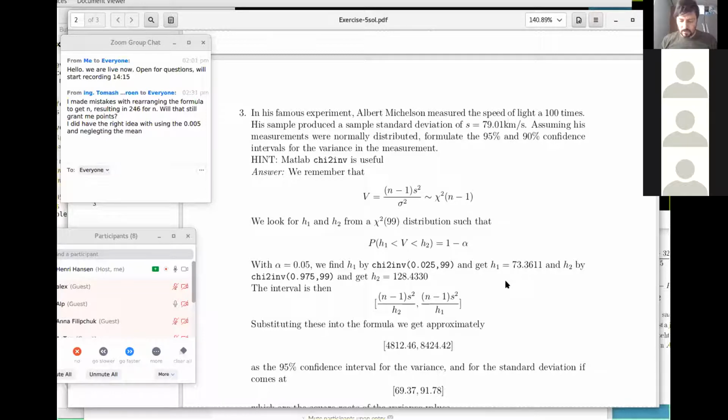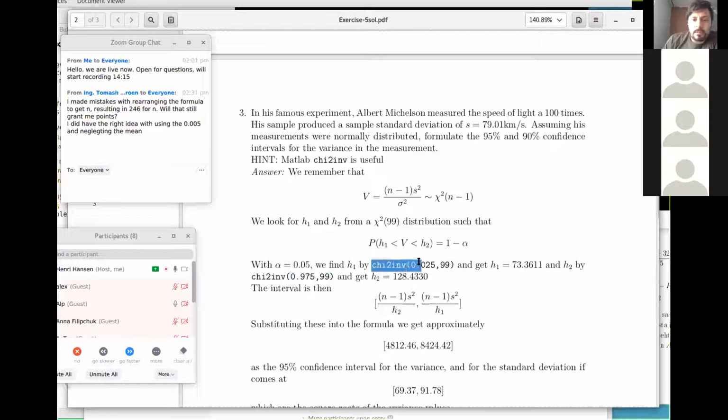If we are looking for these two regions, then these two regions are not symmetric. They're something like this. And we calculate one at 0.025 and one at 0.975. This is from the cumulative distribution.